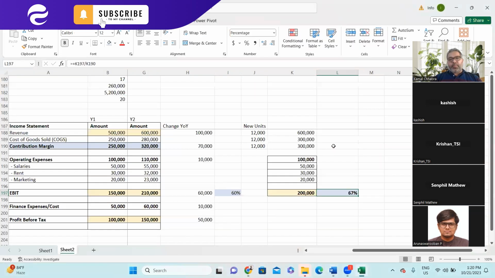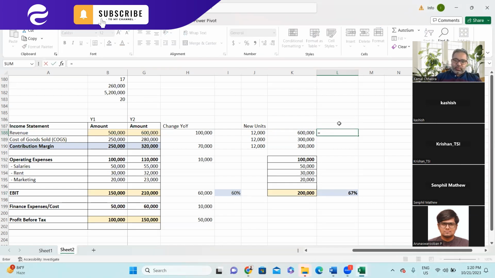That means proportionately the percentage increase in income will be higher than the percentage increase in sales. So 600,000 minus 500,000, which was your earlier sale, divided by 500,000.